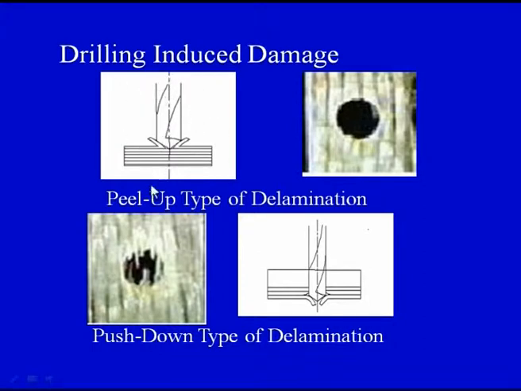This peel up type of delamination basically means that the layers at the top of the laminate. Now, this is the polymer matrix composite material in which we have different layers of glass fibers or carbon fibers or aramid fibers, and which have been impregnated properly with the matrix material.